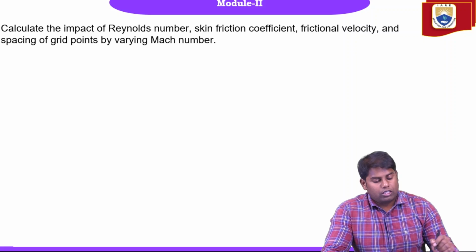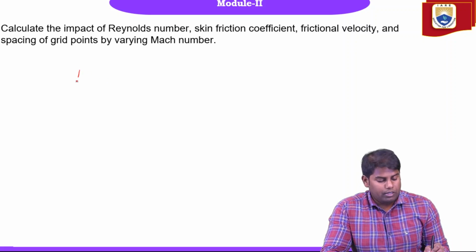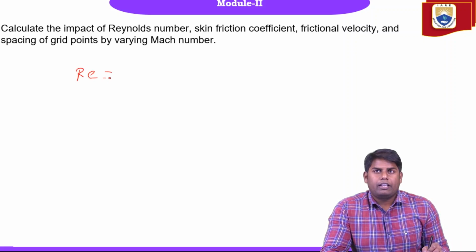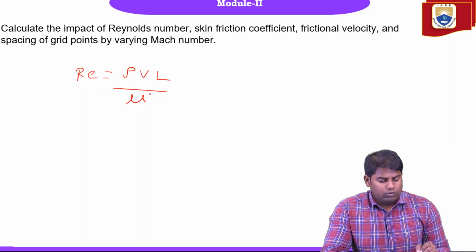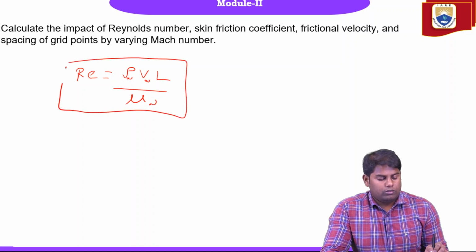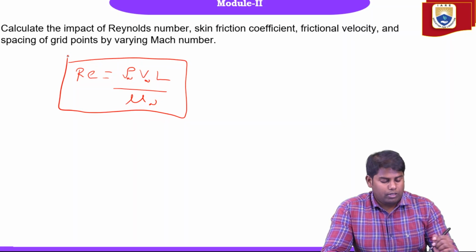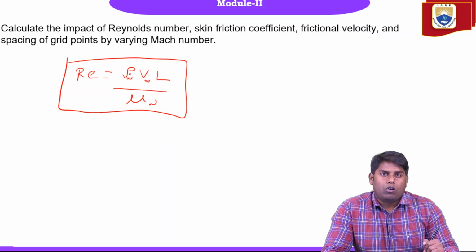First let's see what the Reynolds number is. Reynolds number Re is rho V L by mu. In terms of free stream, it is rho infinity, V infinity, and mu infinity. The numerator term is called the inertial force, and the denominator term is called the viscous force.